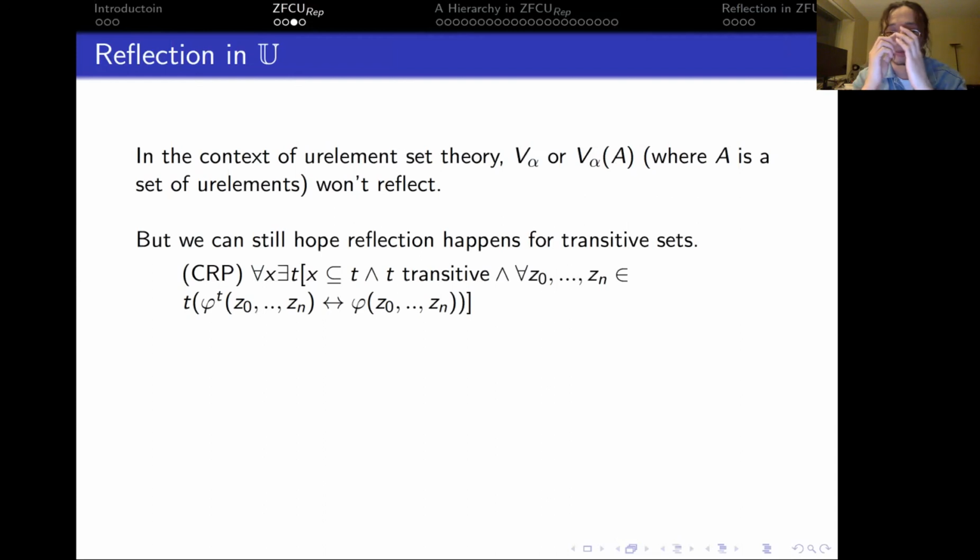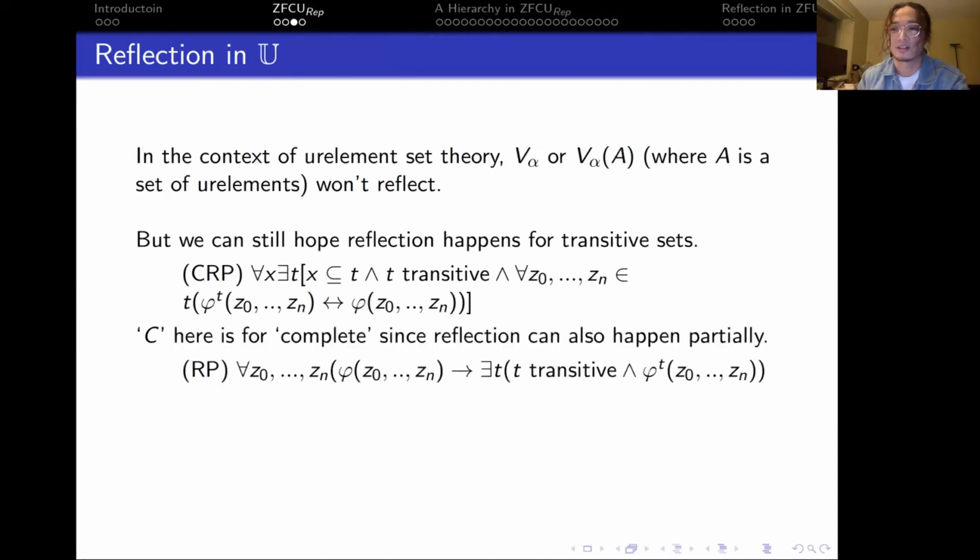I'll call this principle CRP. Basically the Levy-Montague reflection would be a special case of this. It says that for every formula phi, you can find an arbitrarily large transitive set such that phi is absolute between this transitive set and the universe. C here is for complete, because we have this biconditional here.